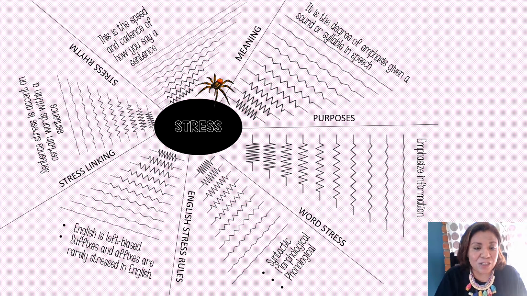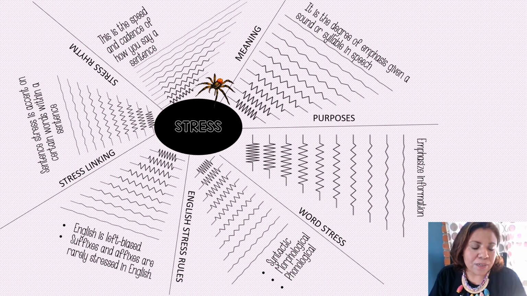In syntactic terms, the stress of a word depends on what part of speech it is. For morphological information, suffixes such as -tion or -ity determine the location of the stress, for example, in nation or hospitality. Finally, phonological information tends to stress the first two syllables of the word.